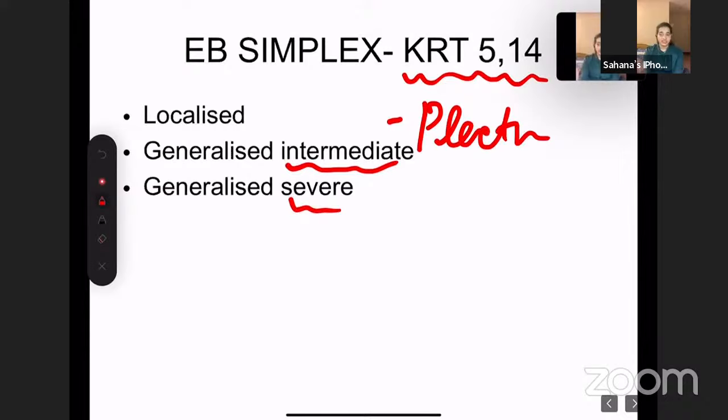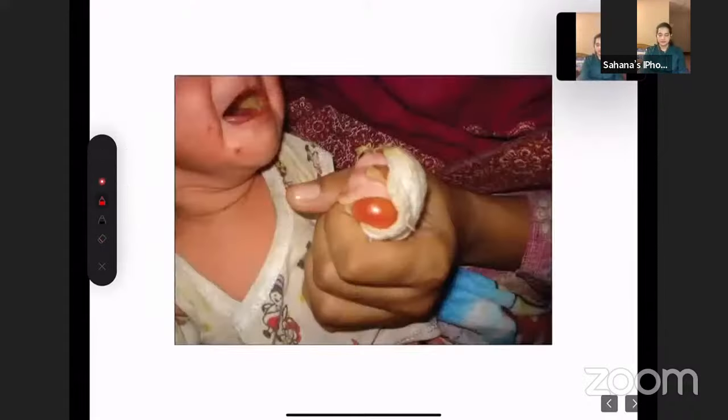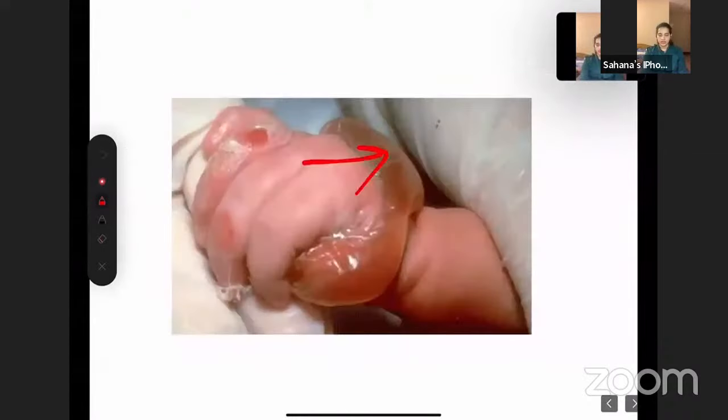There are different genes involved in each one of them, and you need to do a genetic analysis to come to an exact diagnosis. But we can differentiate between the localized and generalized type. How? Because in generalized type, there is mucosal involvement, which can be life-threatening. There is also nail dystrophy and the formation of milia. So this was epidermolysis bullosa simplex.